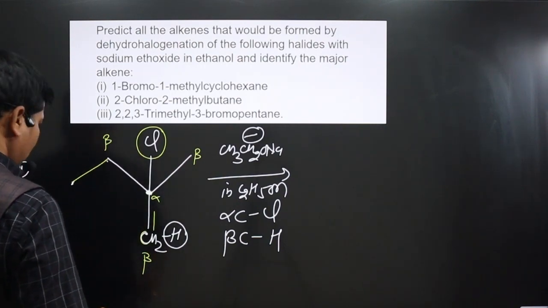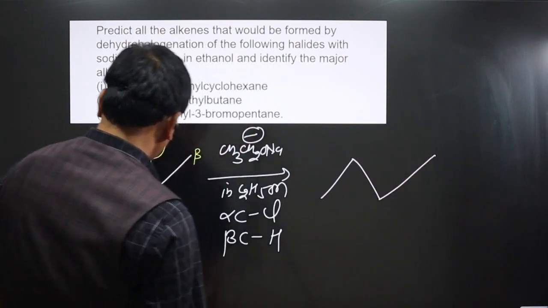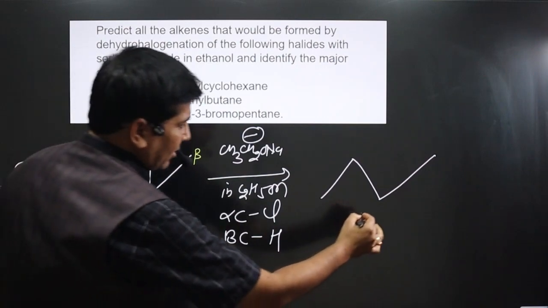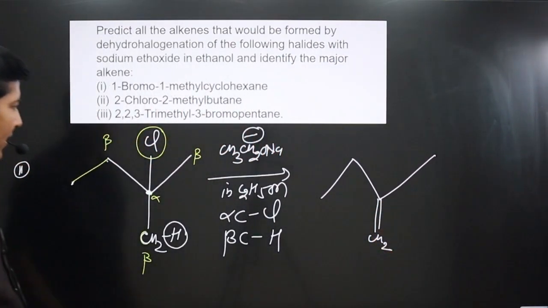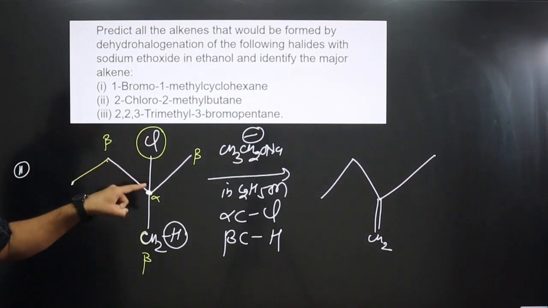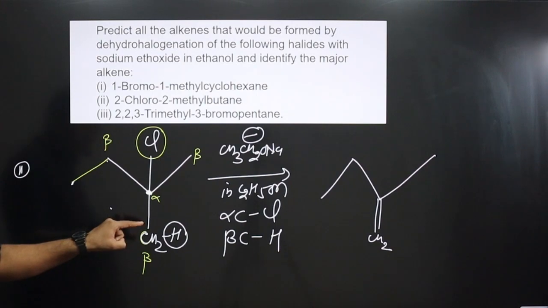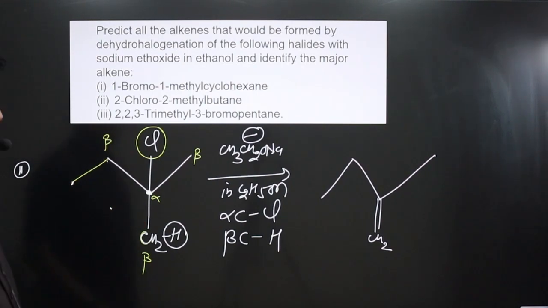So we got the product. You can see the double bond comes here, and this is CH2. The chlorine is removed from the alpha carbon and hydrogen from the beta carbon, so the double bond is introduced here and the valency of carbon is satisfied.